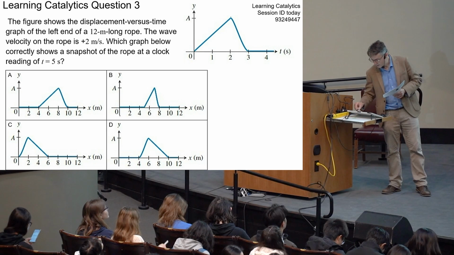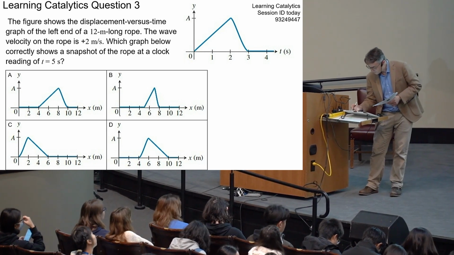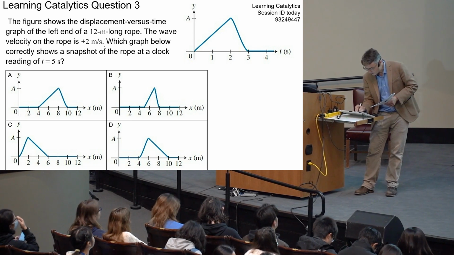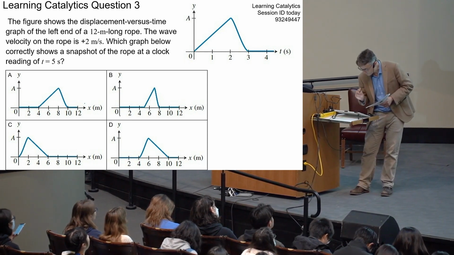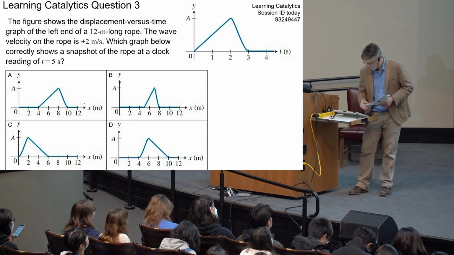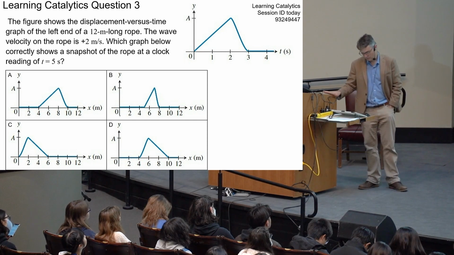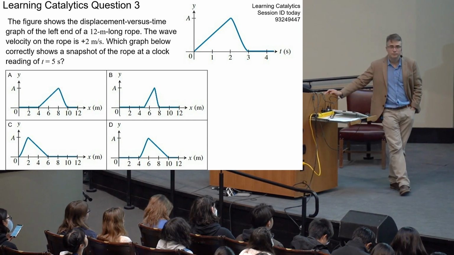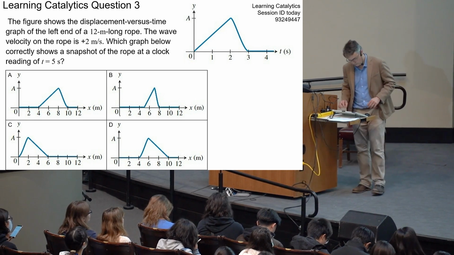And what we're showing here is a pulse that goes up and down. It travels in the plus direction, so from left to right. Where will this pulse be at t equals 5 seconds? Feel free to discuss with your neighbor.